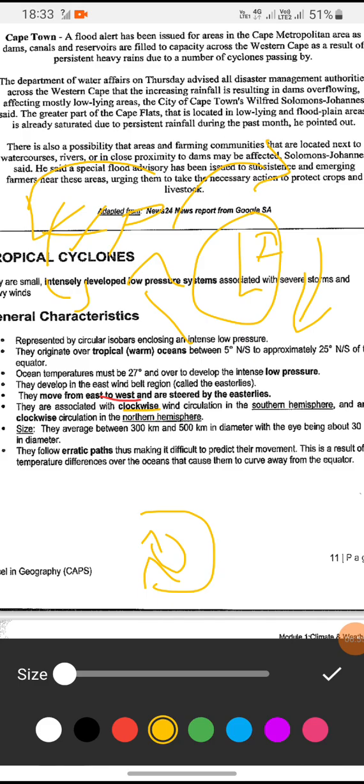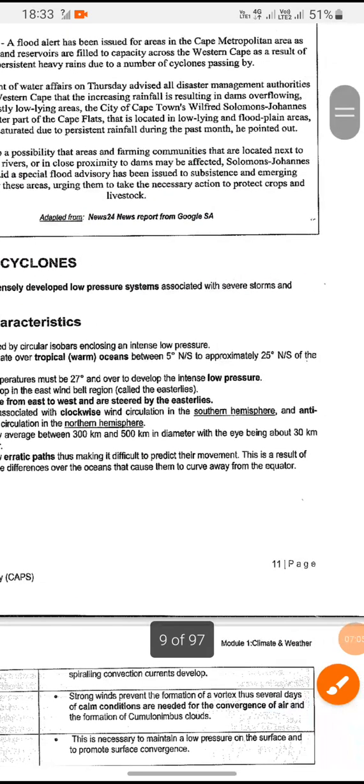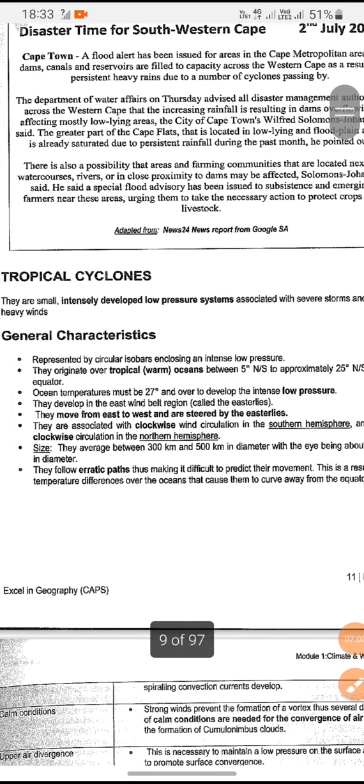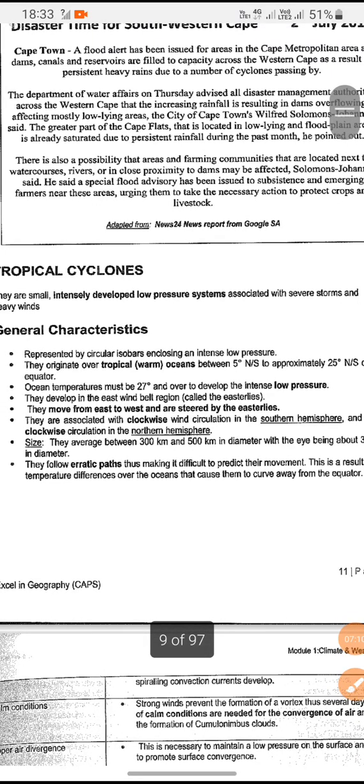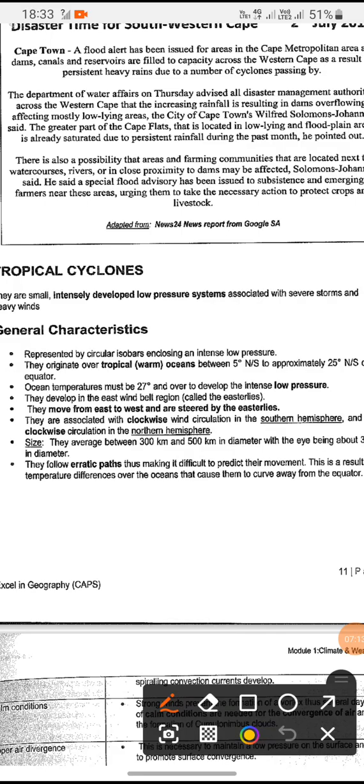Size: the average is between 300 and 500 kilometers in diameter, with the eye being 30 kilometers in diameter. They follow erratic paths. When they're talking about erratic path, this is the globe, this is your Africa.